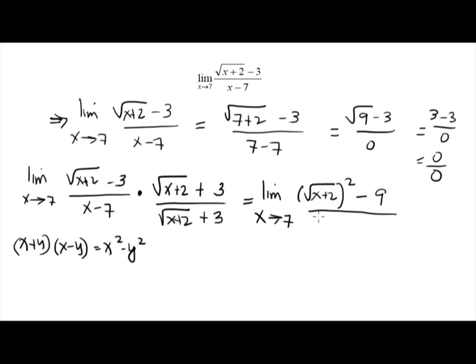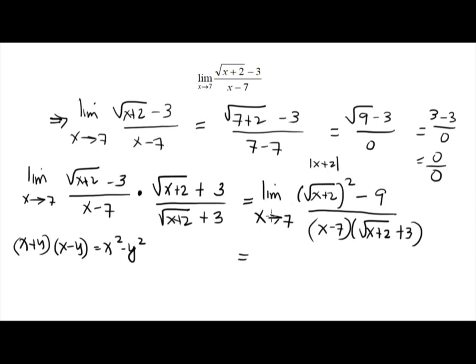all over. Now for the denominator, you don't have to distribute the x minus 7, so just copy it with the square root of x plus 2 plus 3. By definition, the square of the square root of x plus 2 is the absolute value of x plus 2.